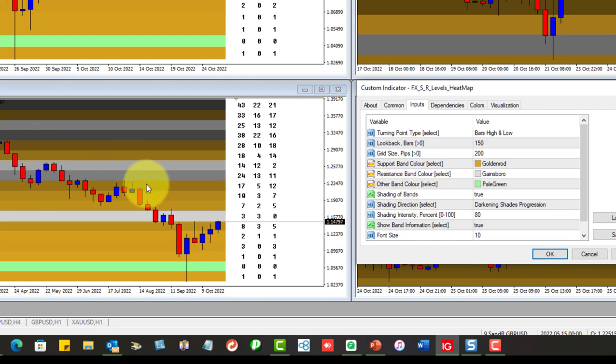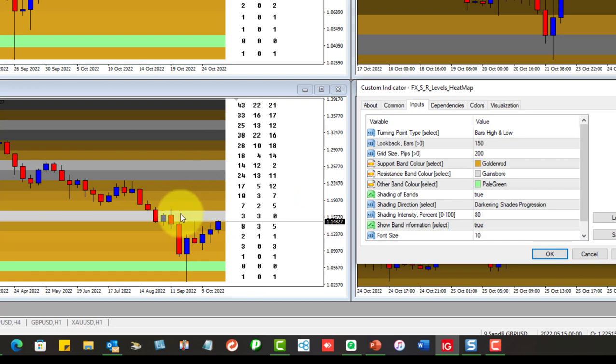Now, how the shading works is it's light when it's a weak support, and it gets darker and darker as it becomes a more meaningful support. So for instance, there's a very dark brown, you can see it's been a support area 18 times. There it's only been a support 12 times, there it's only 7 times, and so on.